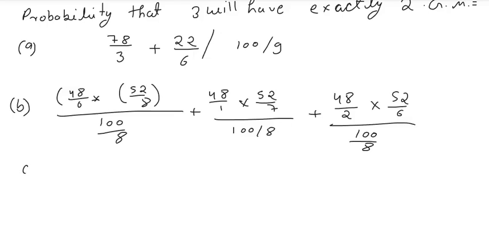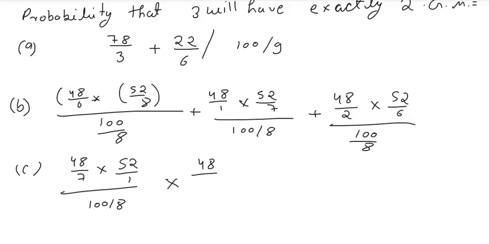Now for the C part, we are going to solve. 8 rats are selected from the population, probability that at least 7 will have exactly one mutation. The probability will be 48 upon 7 into 52 upon 1 over 100 upon 8 plus 48 upon 8 into 52 upon 0 over 100 upon 8.